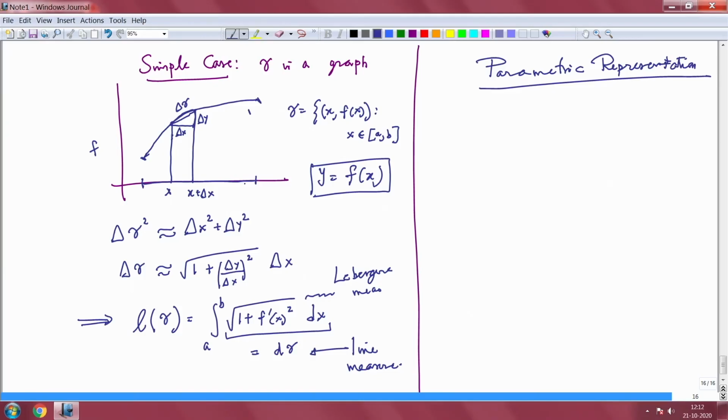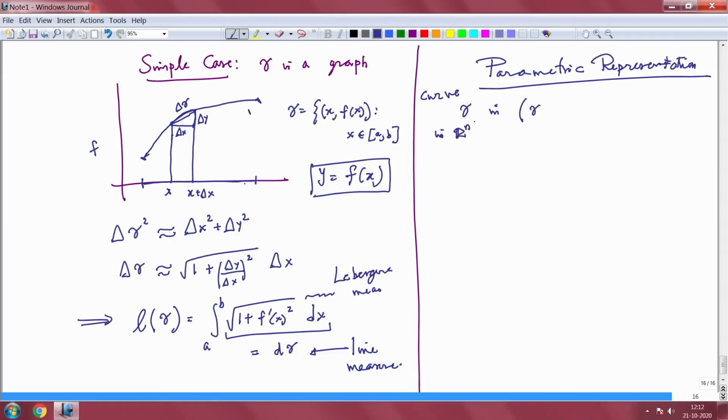Okay. So, let me do that in parametric form. So, what is a curve gamma? You have a precise definition in the literature; as I said, I want to motivate you. So, a curve gamma in R^n can be written as (gamma_1(t), etc., gamma_n(t)).